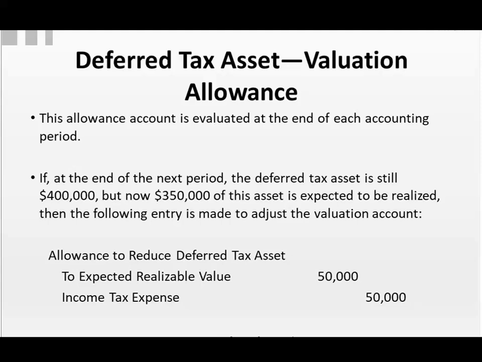So you'd have to make another journal entry. This time you would debit the valuation allowance and credit income tax expense. Okay? You would debit allowance to reduce the deferred tax asset to expected realizable value, that's the valuation allowance, and credit income tax expense for $50,000. Okay? To get the deferred tax asset to its correct net realizable value.